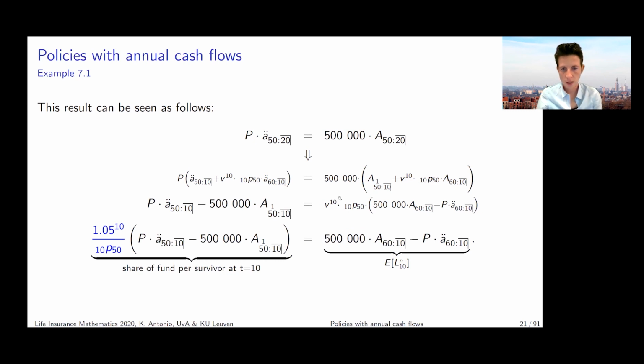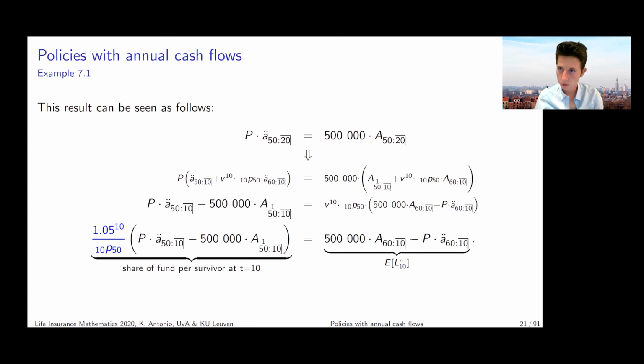So what we can do now is bring this actuarial discount factor, this v to the power 10, multiplied with the 10-year survival probability, to the other side. And what we get then is, in fact, what I've been doing on the iPad.